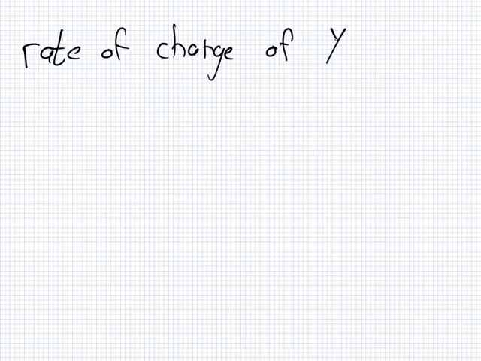So if I say rate of change of y, well, maybe somebody knows. What does that equal? dy over dx. You are half right and half wrong. dy over dt.